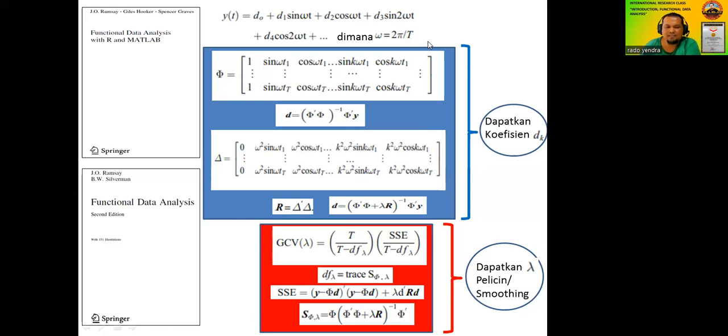So you can imagine that if we have this formula, we call that a Fourier series with basis 5.